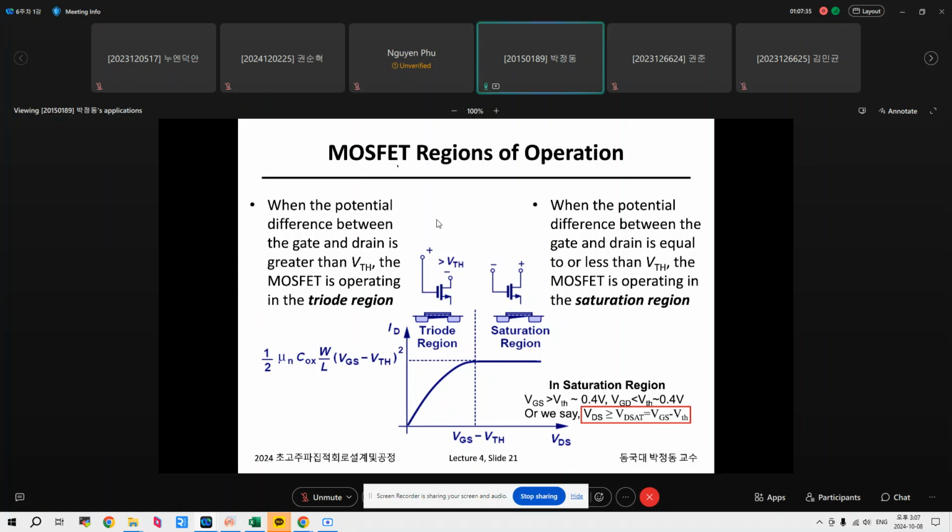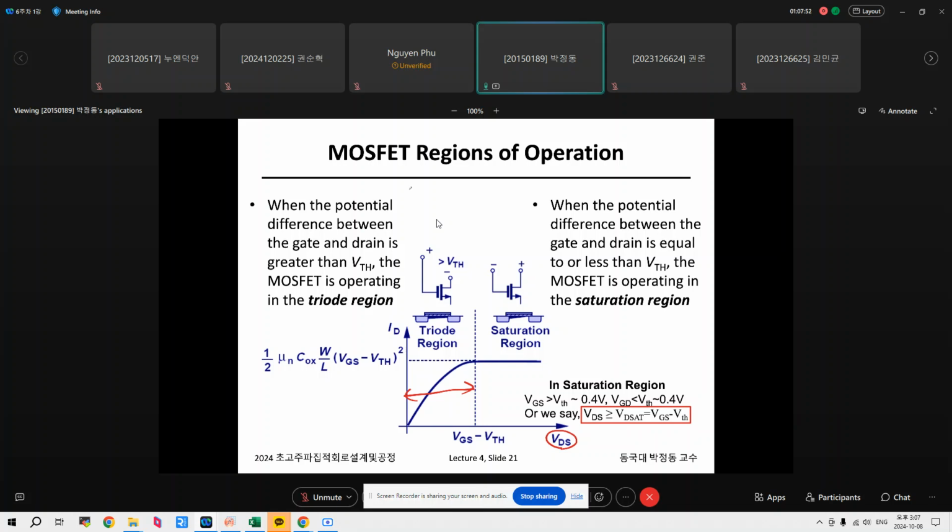This is the MOSFET region of operation, different from the BJT. This triode region is relatively wide compared with the applied VDS. Okay, this is very wide.